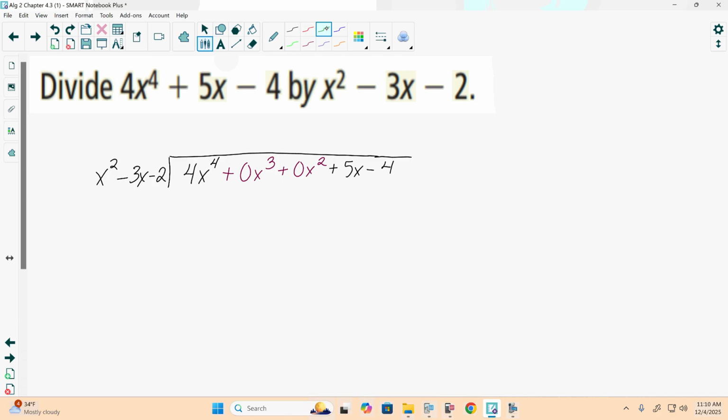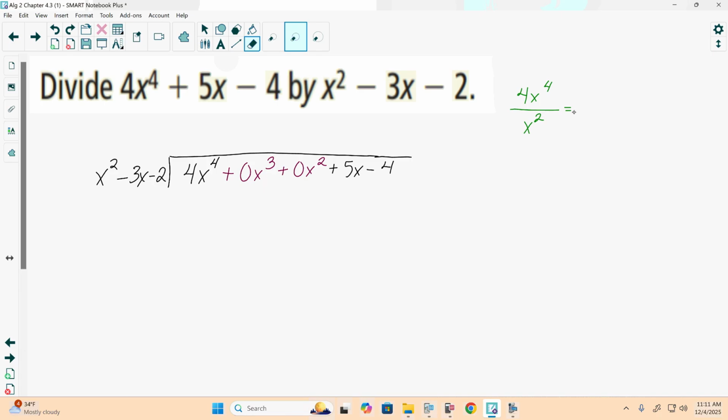Now to find out what we're going to be needing to multiply the first part of our answer, we're going to take the biggest term inside, which is 4x to the 4th, and divide it by our biggest term outside, which is x squared. Now most all the ones we're going to work with, that biggest term is just going to be a variable to a power, x squared.